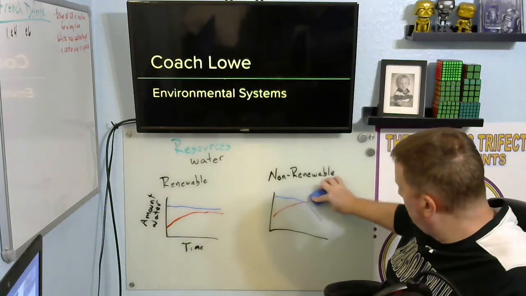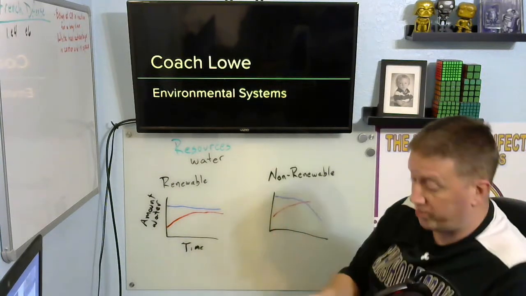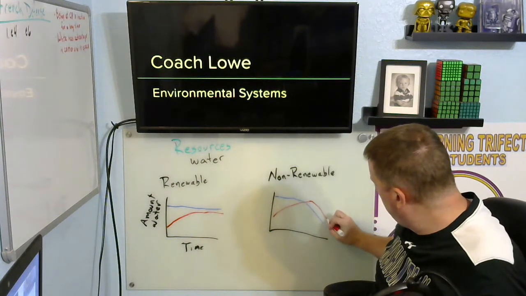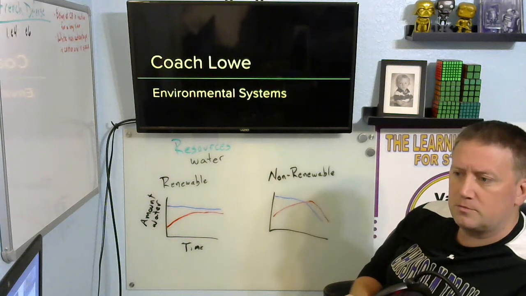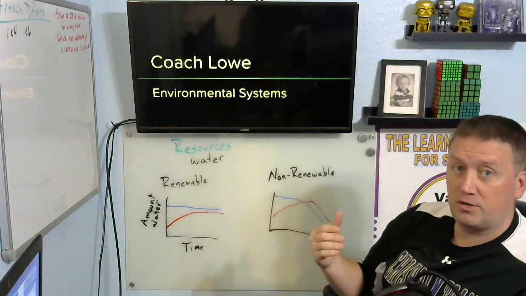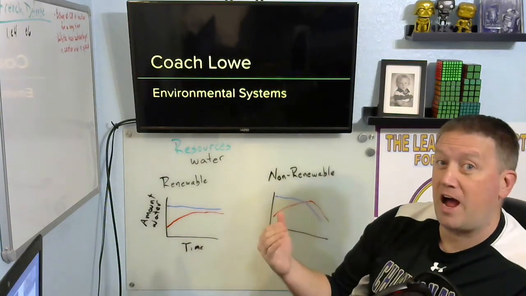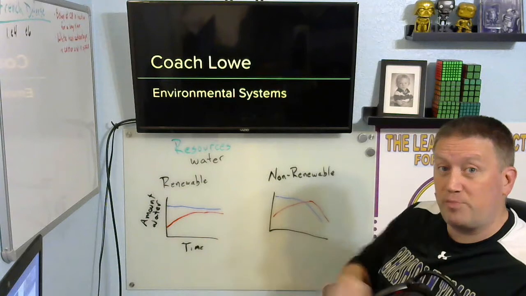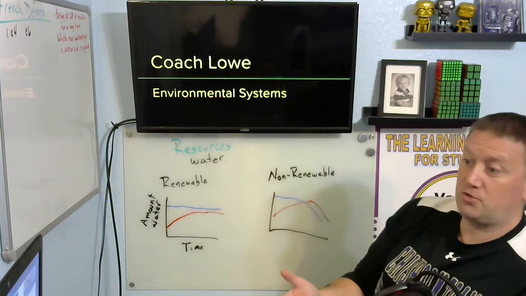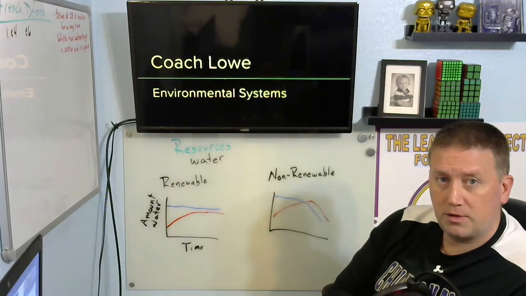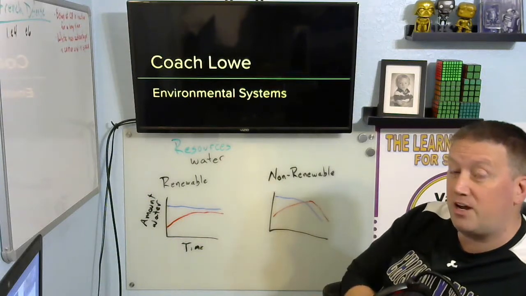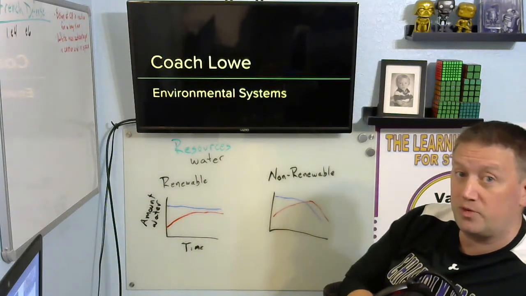So what happens is we're kind of forced to use less water. The amount of water that we're taking out of nature, we're taking it at a higher rate than the water cycle can replace it. And so there's not enough water for us to use. We can't use it anymore. And so that now causes water to become a non-renewable resource.